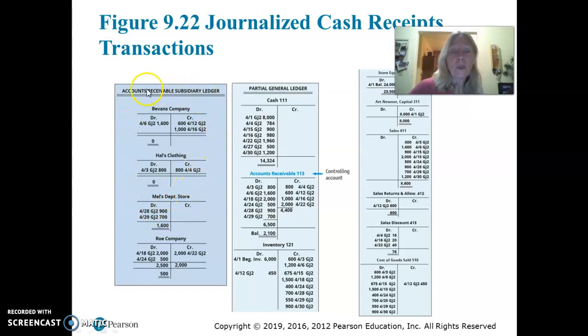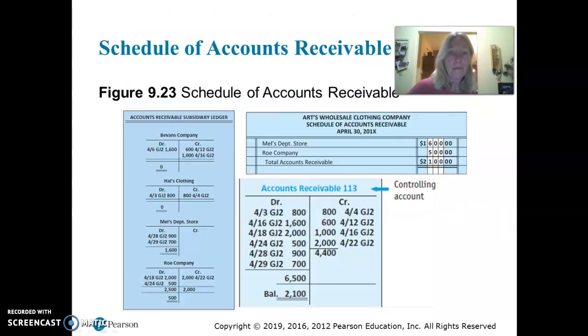That's, I guess, one of the least fun jobs of a person who's working in accounting: sometimes you have to be the bill collector and you have to look at Mel's department store and notice that they owe you $1,600. So you might make a phone call and tell Mel's, you owe us a lot, $1,600. You can make a payment on that. But that is why we have that subsidiary ledger, so we can see who our good customers are and so we can keep an eye out on people that owe us money.